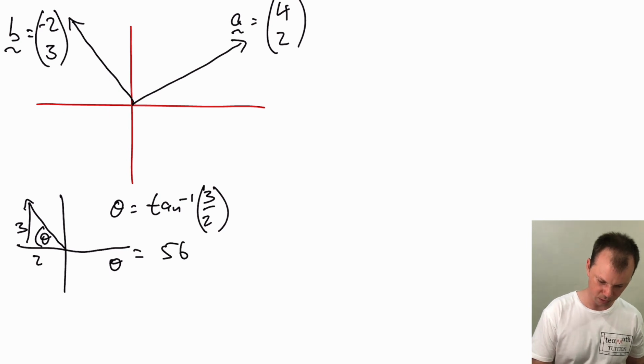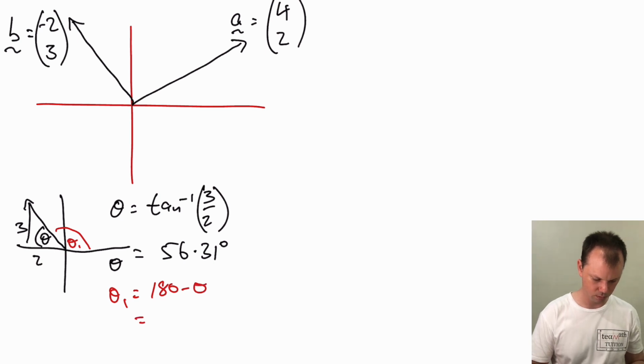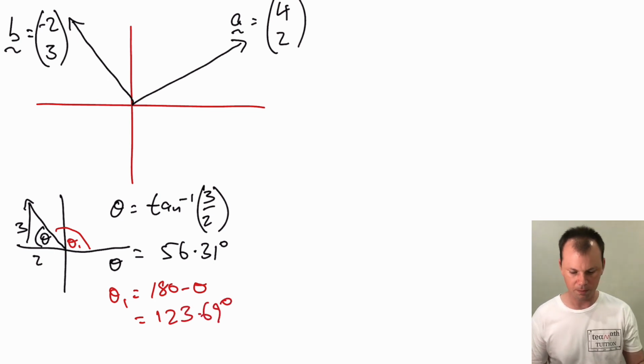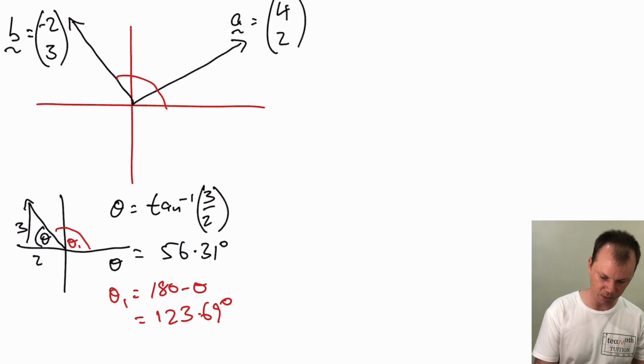It's 56 degrees. So working out this angle here, let's call it theta 1, 180 minus theta, we get 123.69 degrees. Okay, so we've worked out this part.